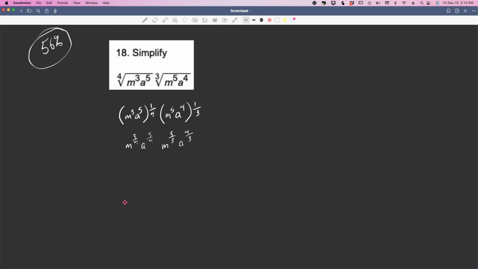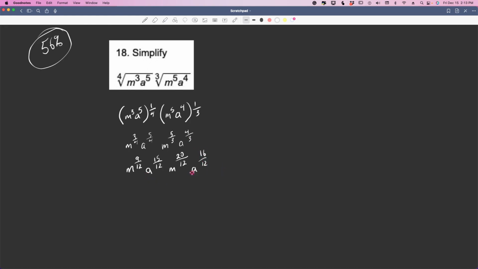Now we just have to find a common denominator, and that common denominator is going to be 12. So we're just going to multiply by the opposite denominator and get 12s all the way across. So this becomes m. 3 times 3 is 9 over 12. 3 times this would be 15 over 12. 4 times this would be 20 over 12. And 4 times this would be 16 over 12.